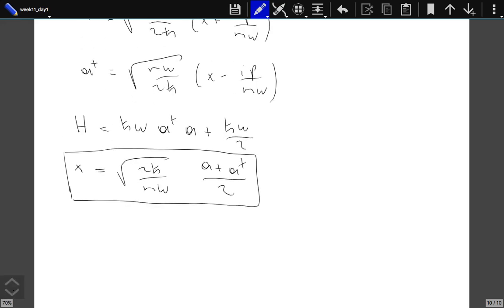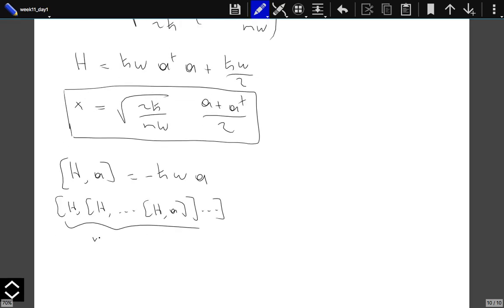Their time dependence was kind of easy. You see, the Hamiltonian commuting with a, we calculate this commutator, and this was nothing but minus h bar omega a. So if we have n nested commutators of H with a, this is nothing but minus h bar omega to the power n times a, because every commutator just brings a factor of minus h bar omega.